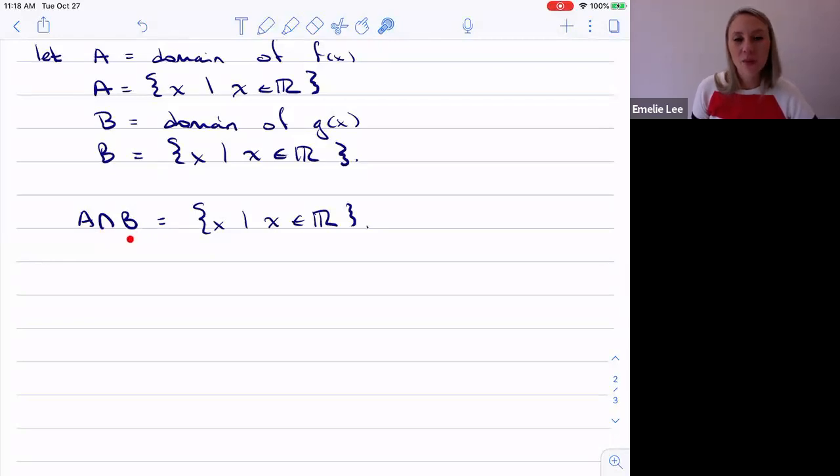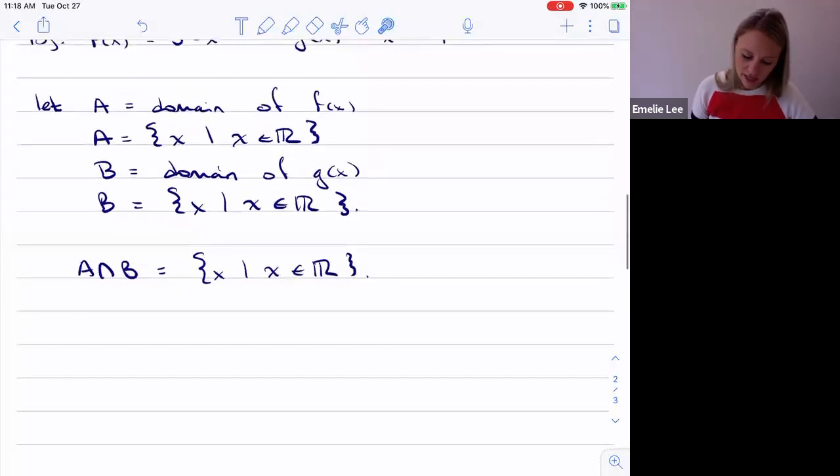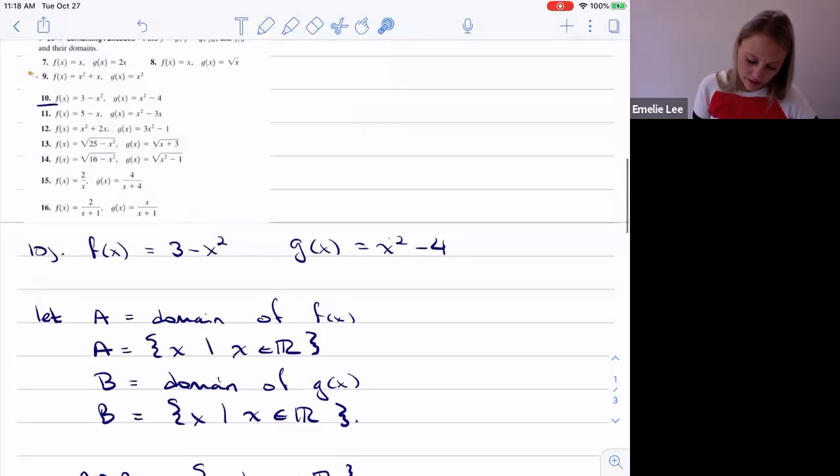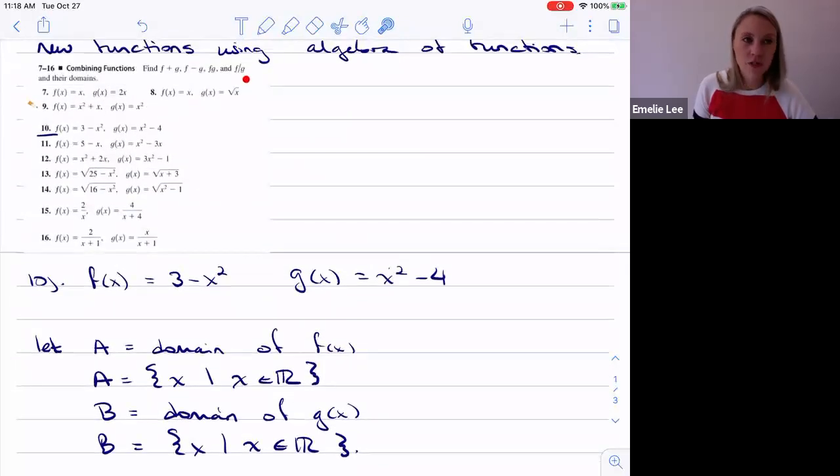And then what we're gonna do is once we've done the division, f over g, then I'll find the domain of that specific one, right? Because I can't divide by g of x equal to 0. So values that make this 0 would have to be pulled out of the domain.